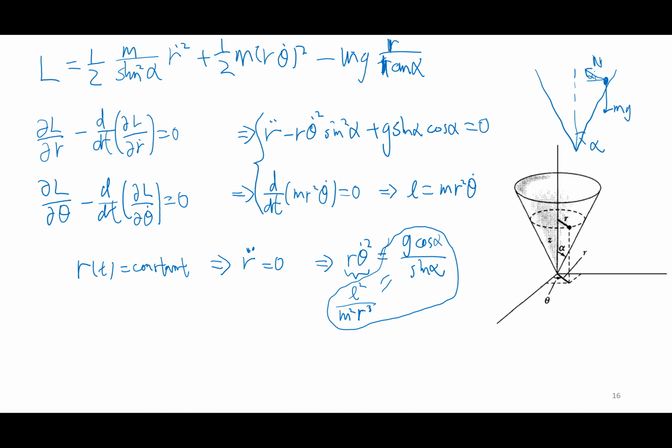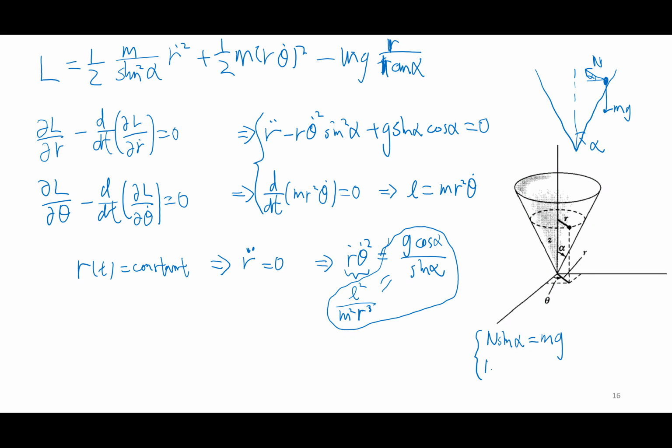If it's doing circular motion, then the vertical component of n, which is n sine alpha, has to equal the gravitational force mg, so that it doesn't move up or down.